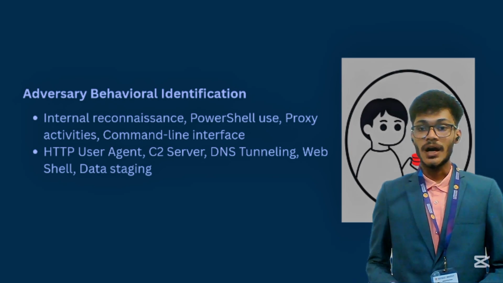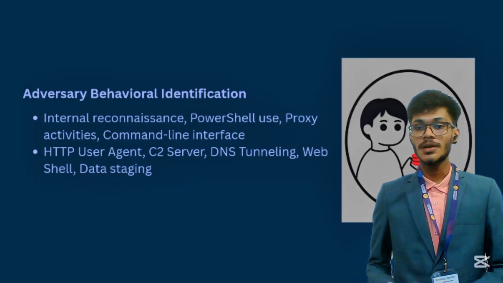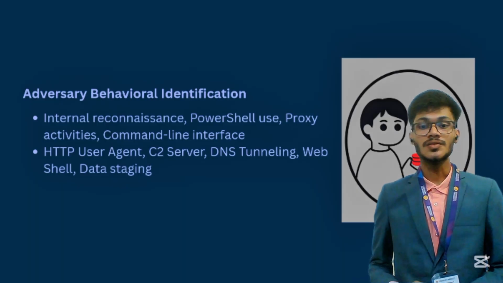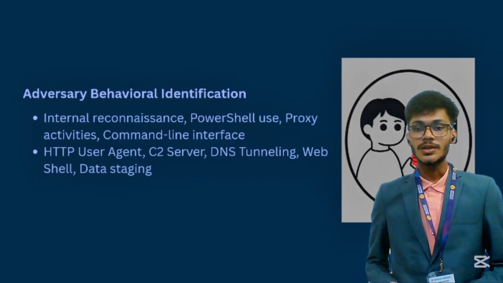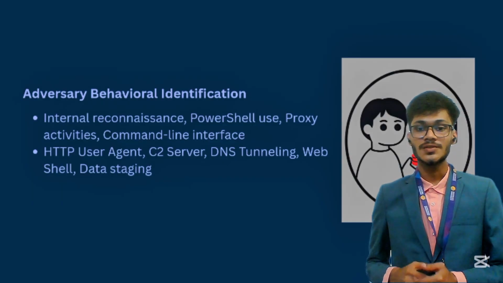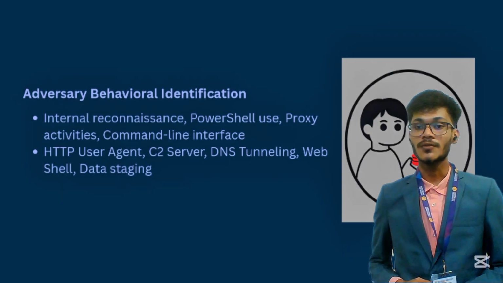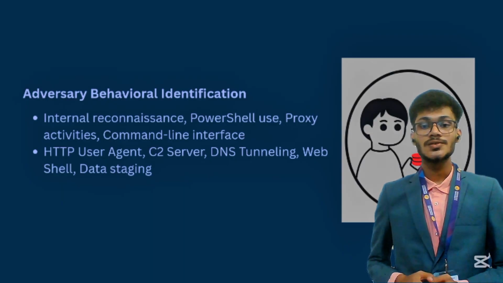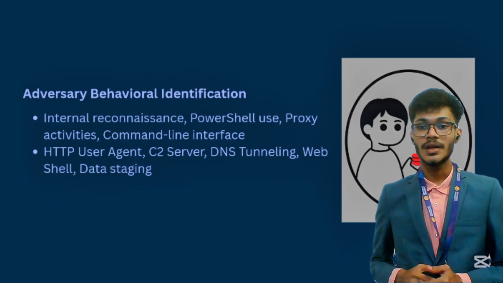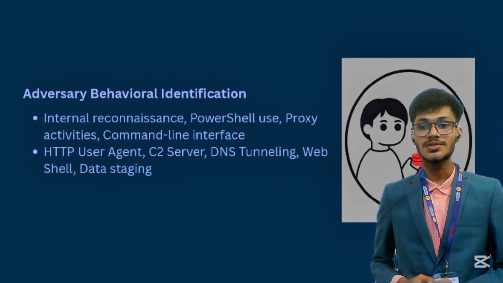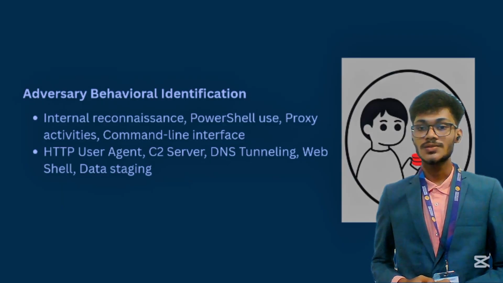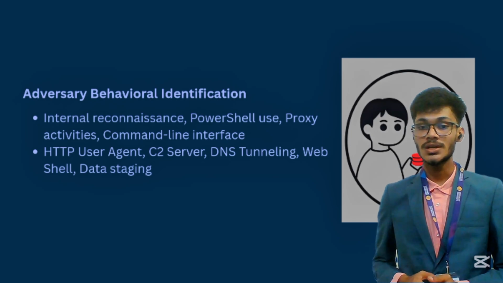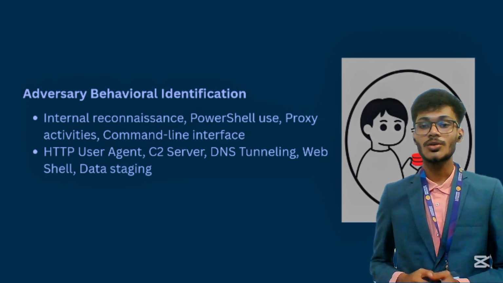Adversary behavioral identification. Recognizing attackers' behavior early can prevent serious breaches. Indicators include suspicious process execution, repeated use of unusual proxies, strange command line activities, or irregular HTTP user agents. DNS tunneling, where data is secretly transferred through DNS requests, is another common sign.